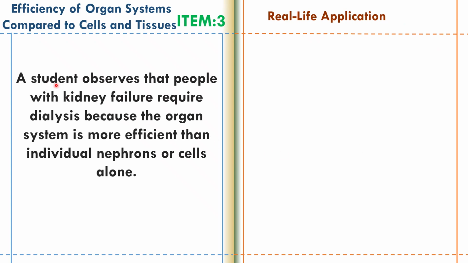Efficiency of organ system compared to cells and tissue. Item 3. Real-life application. A student observes that people with kidney failure require dialysis because the organ system is more efficient than individual nephrons or cells alone.